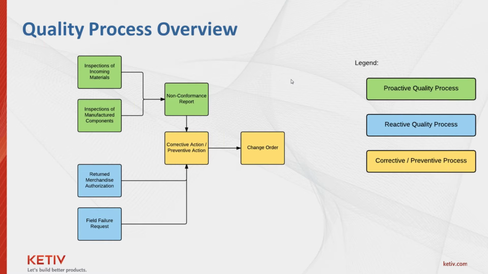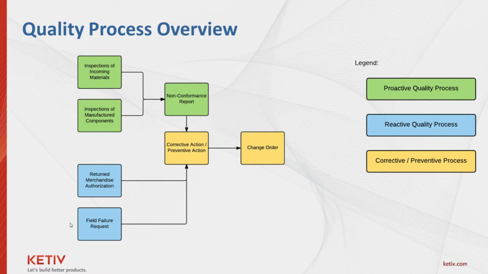And it really is a proactive approach because we want to fix problems before our customer ever sees it. Now, notice that all of these processes are connected. So if we find some issues with some inspections, then we can issue non-conformance reports. And when we have a collection of many non-conformance reports and we determine that there's a bigger fix that needs to be made, those reports can lead into corrective and preventive actions.